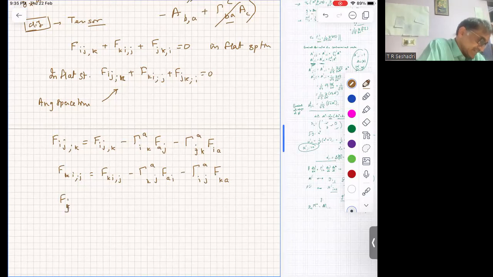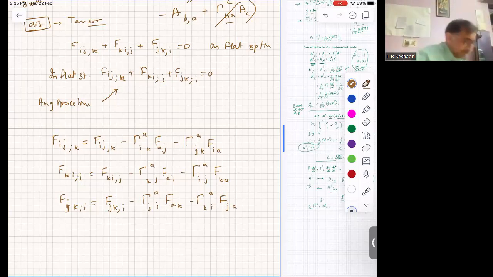Now, Fjk semicolon I is equal to Fjk comma I minus gamma A F a k, I j minus gamma A F j a, k I. Okay?